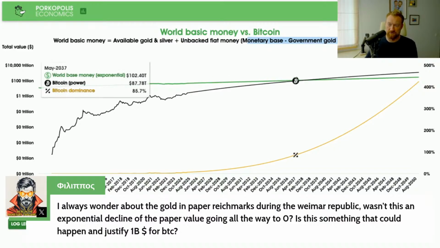So you get to a number that eventually will get to 100 trillion. Another reason why broad money is not analogous to Bitcoin. We're only at about 42 trillion today. It's going to take a long time to get to 100 trillion, and that could take longer than people think.